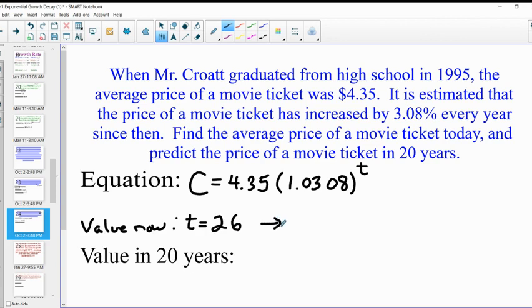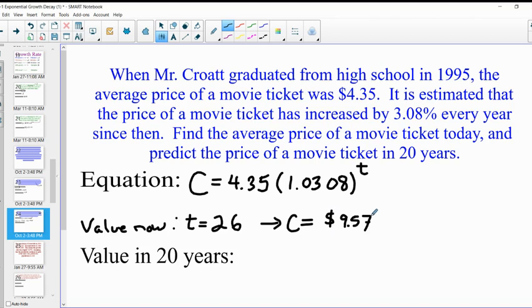When I plugged that into my equation, 4.35 times 1.0308 to the 26th power, I got the price of a movie ticket, and this is actually fairly accurate, I believe, to be a little bit less than $10, $9.57. And if you're saying that looks extremely low, that maybe means that you go to a lot of evening movies where you pay full price, or maybe even 3D movies where you pay $15 or something like that.